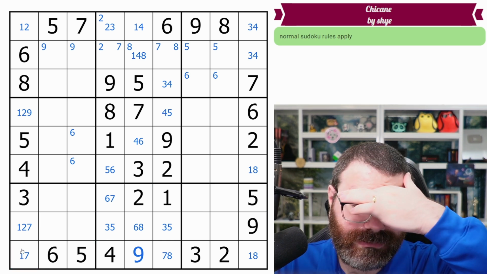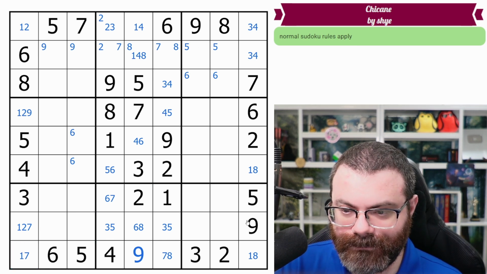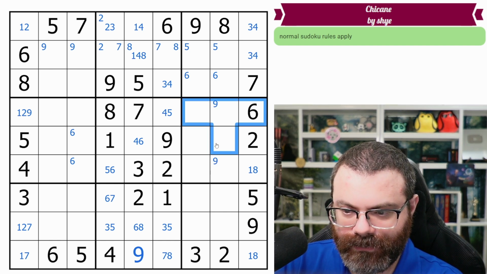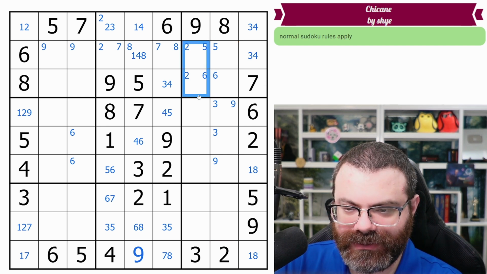Okay. Weird that I didn't spot that. There's a 9, one of these two. 8's no good. 3's here. Okay, 2's look up, right? So 2's one of those two.